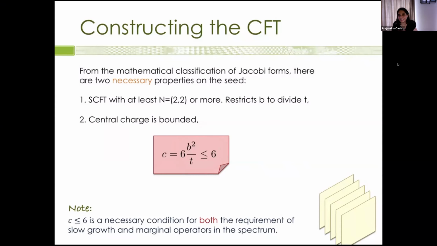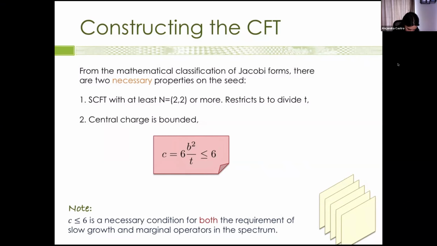If you fix T, you can roughly divide the space: if B squared is less than T, then you will be able to find a weak Jacobi form that has slow growth. If B squared is bigger than T, then there's no hope.